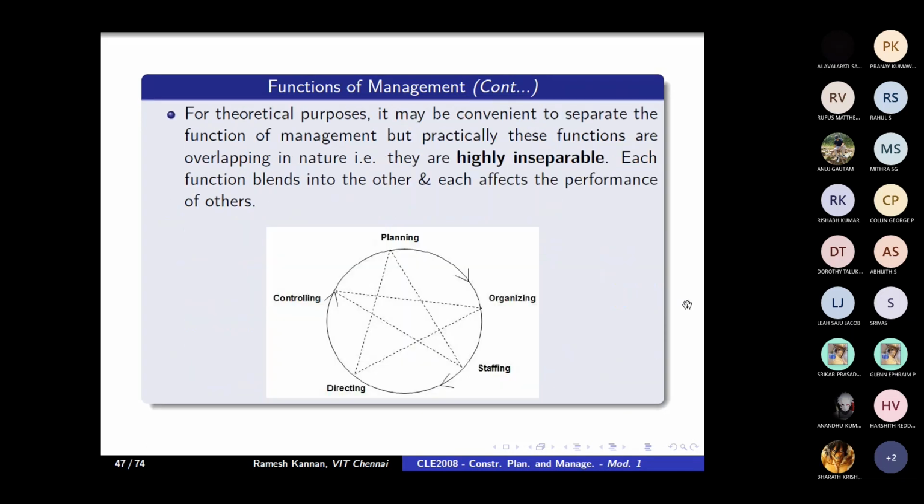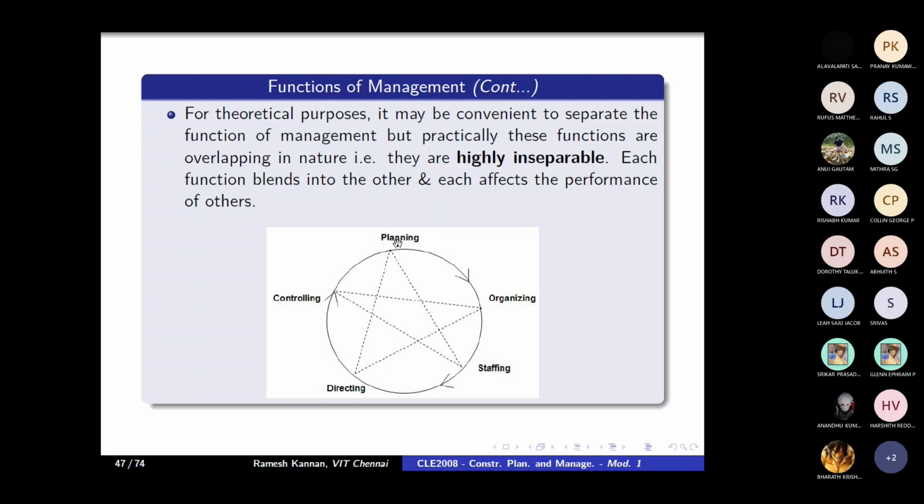To understand these functions of management, you can see this particular diagram. This is highly visual. The first thing is planning, and the next are organizing, staffing, directing, and controlling.